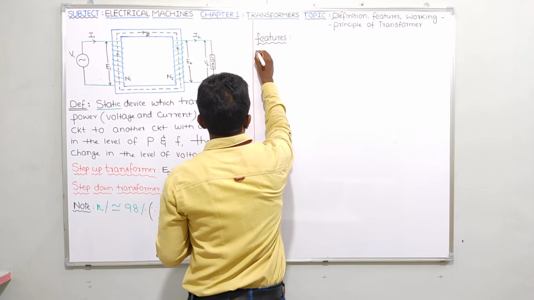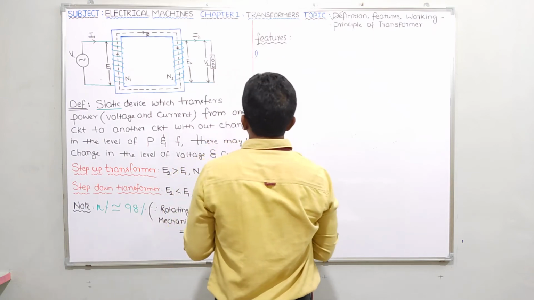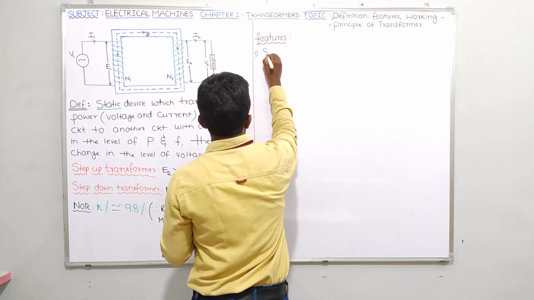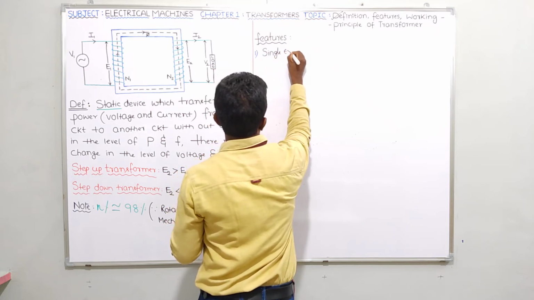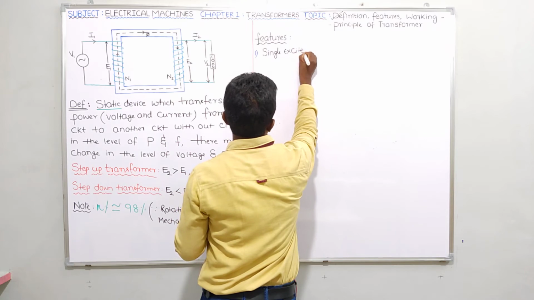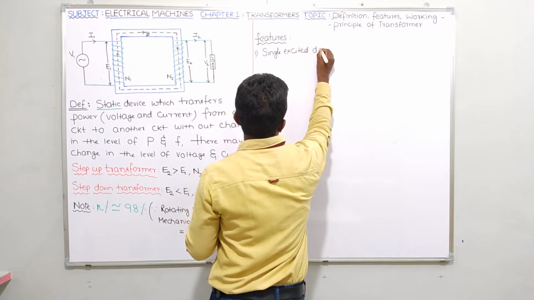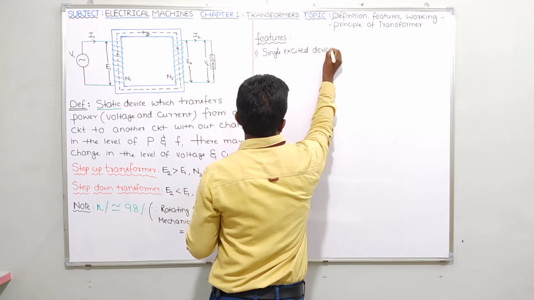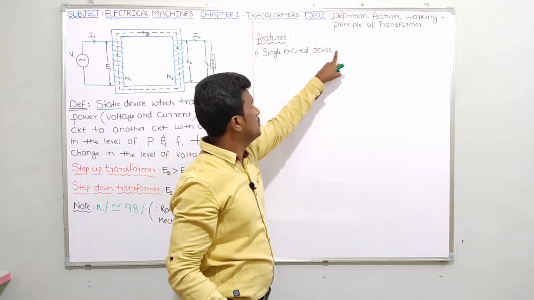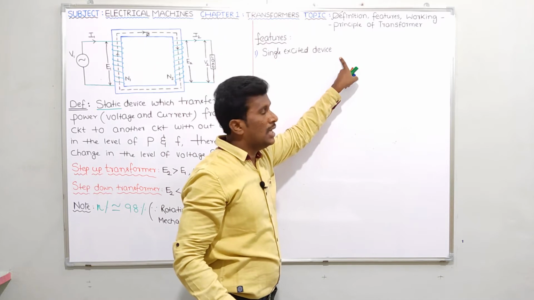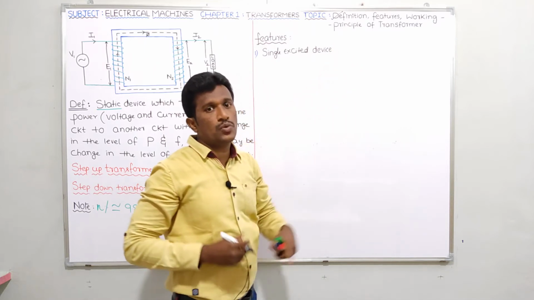Is it clear? So first point, what can I write here? In features, first point, transformer is a single excited device. Those who want the reason, after writing single excited device, start a bracket and write in the bracket what I am going to say.